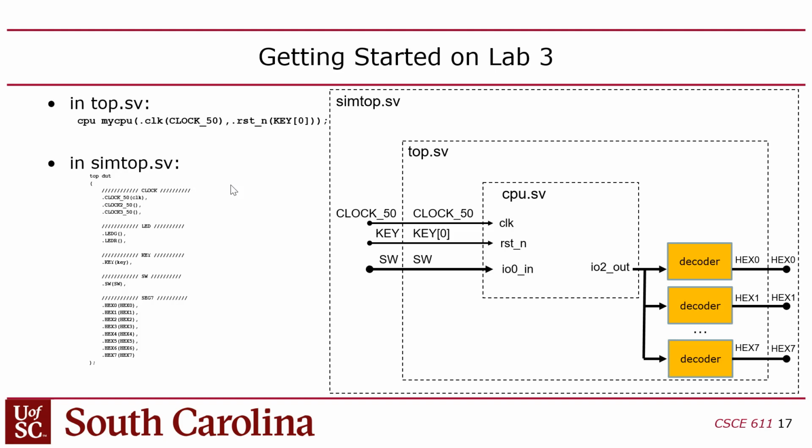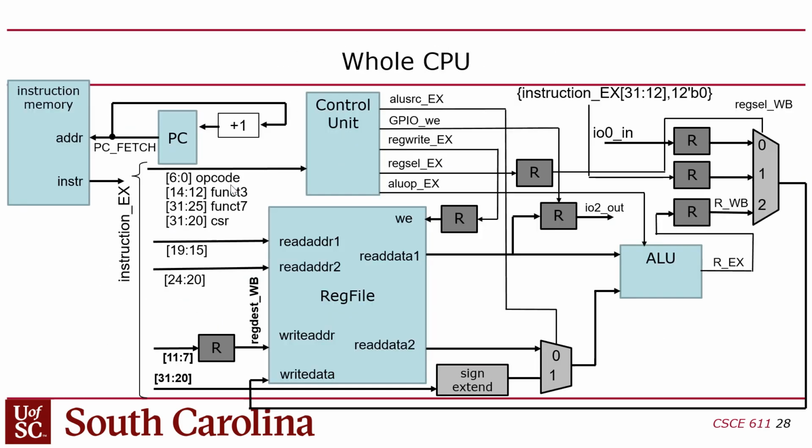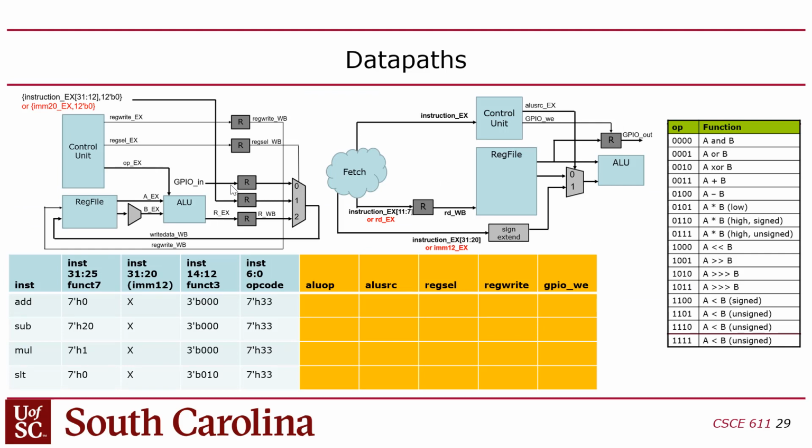So IO0 in is just attached to the switches on the FPGA board. IO2 out is connected to your 7-segment decoders. If you go back to the other diagram, I use a different naming for that. So here I'm calling it GPIO out. That should be called IO2 out. I mean, it doesn't matter, I don't care what you call it, it's up to you, but I'm trying to clear up. I should have made that consistent. So GPIO out is going out to the decoders, and GPIO in is coming in from the switches.